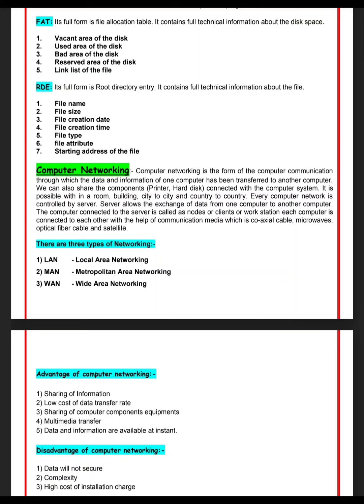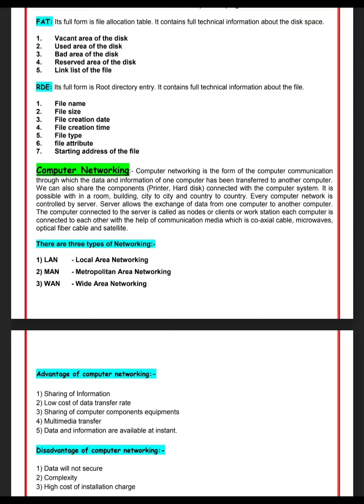Advantages of computer networking: sharing of information, low cost of data transfer rate, sharing of computer components and equipment, multimedia transfer, data and information are available instantly. Disadvantages of computer networking: data may not be secure, complexity, high cost of installation.